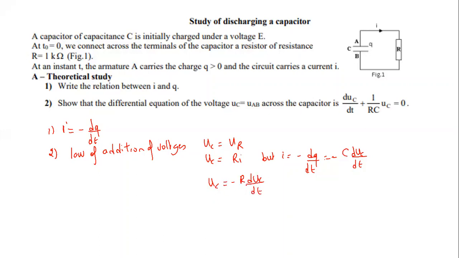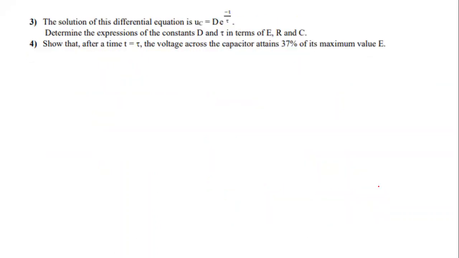So we get RC duC over dt plus uC equal to 0, dividing by RC. This means duC over dt plus uC over RC is equal to 0. And this is the differential equation.